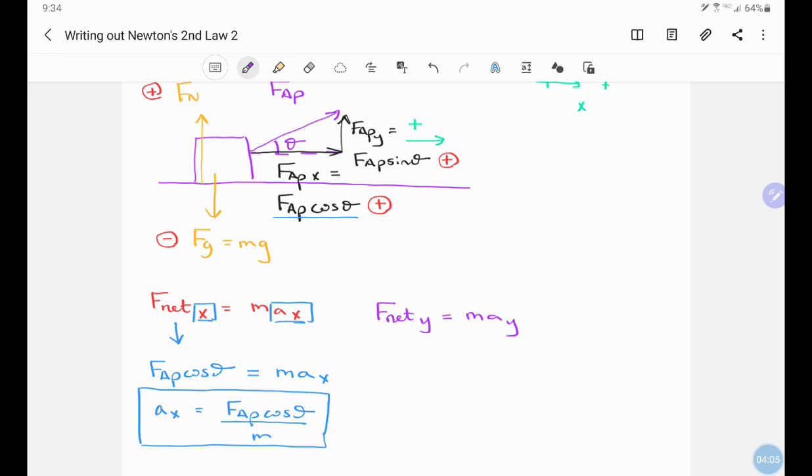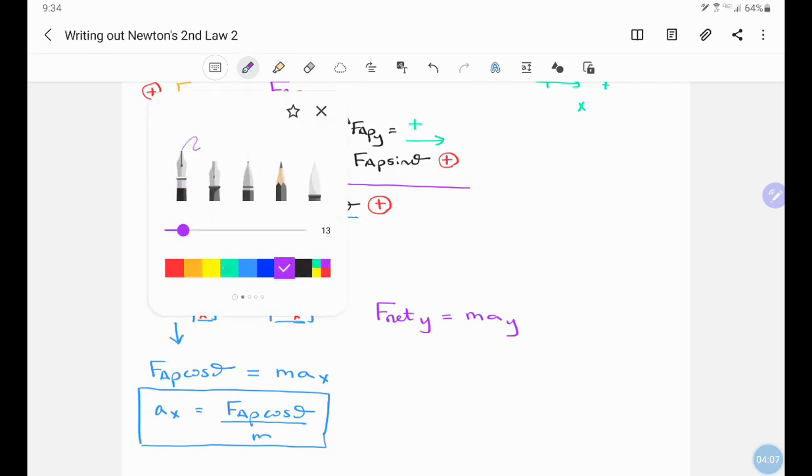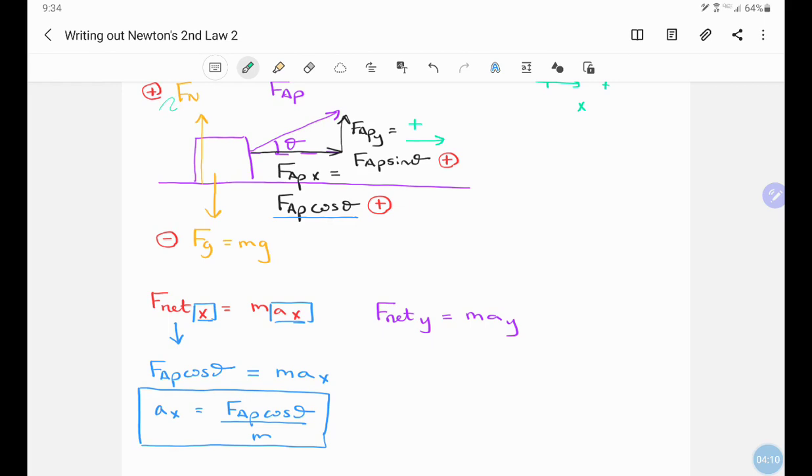So looking in the y direction, instead of two forces like I had in the previous example, we have normal, we have gravity, and we have the vertical component of the applied force. So in writing this out, I have F normal minus mg plus FAP sine of theta equals 0.